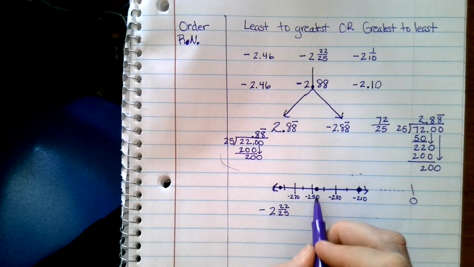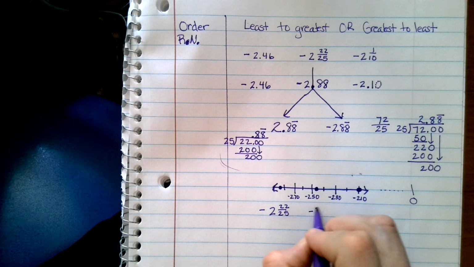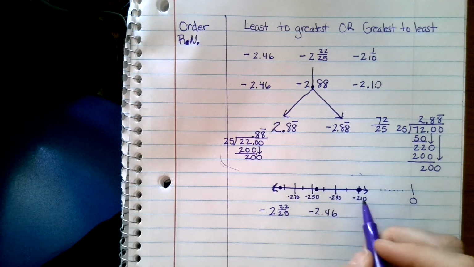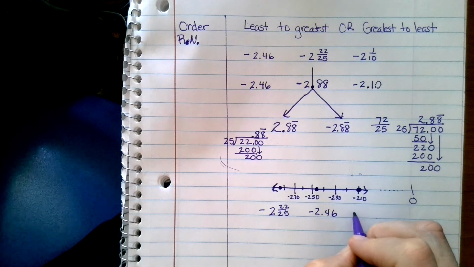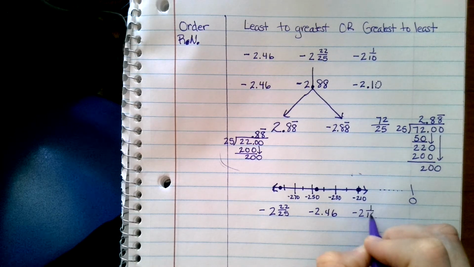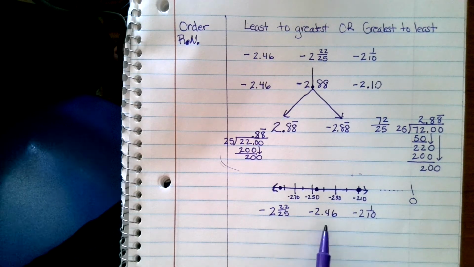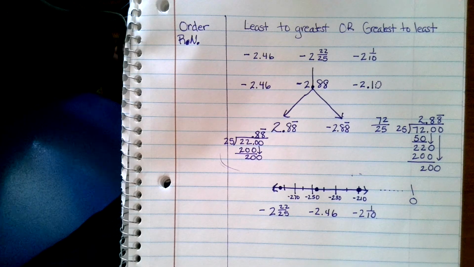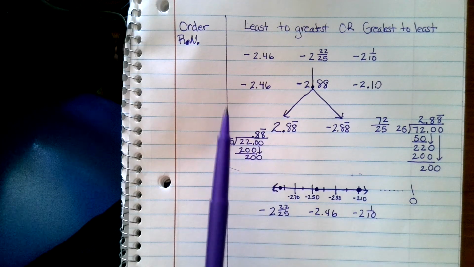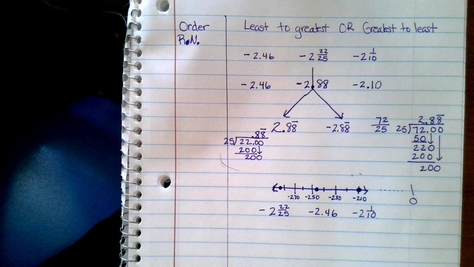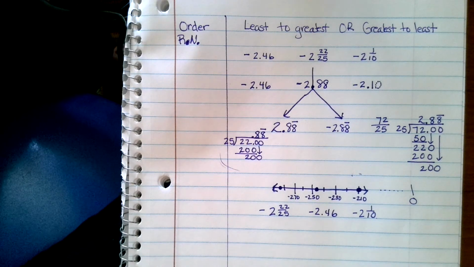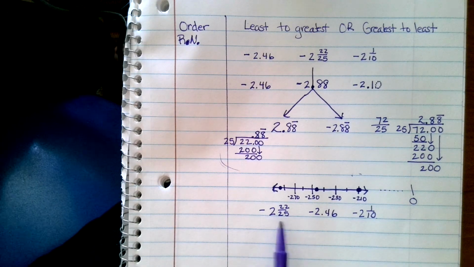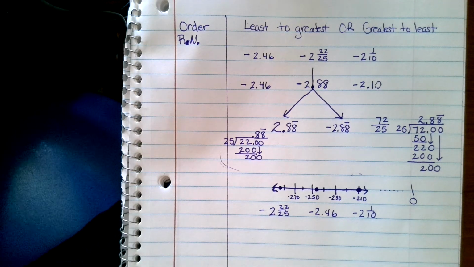The next one is negative 2.46. And then the largest one is negative 2 and 1/10. You can see that I took my original numbers and put them in order. I used turning them all into decimals as the way for me to figure that out, but I definitely want to use my original numbers when I write them in order.